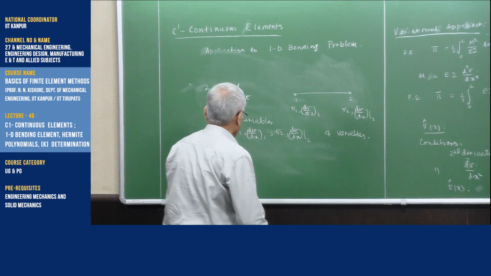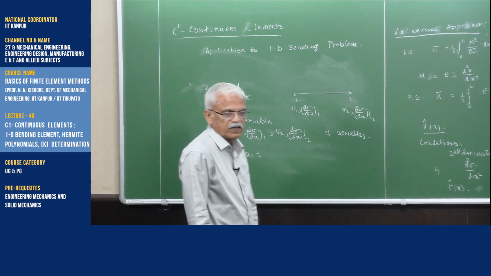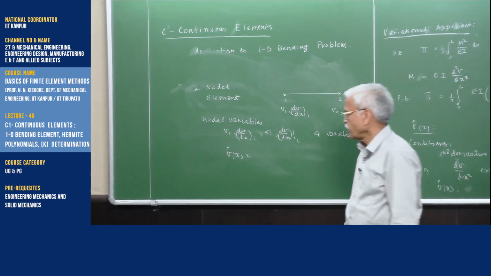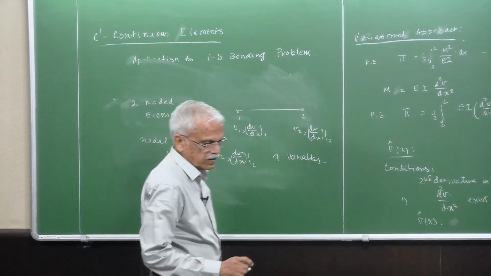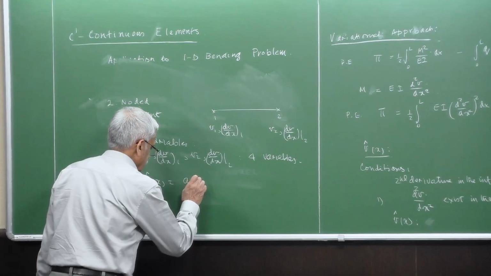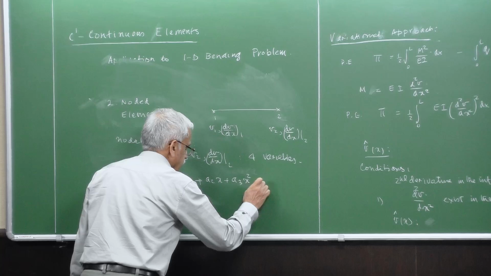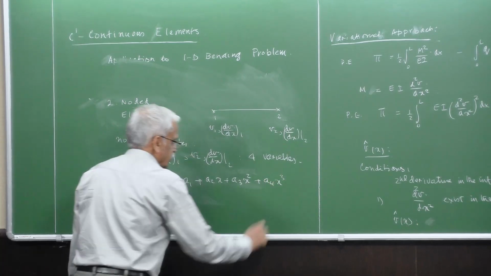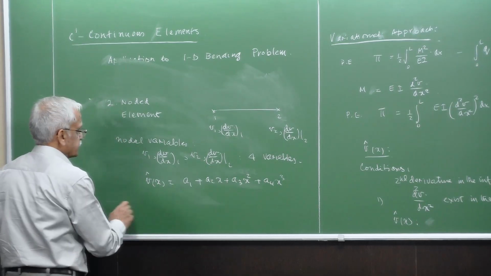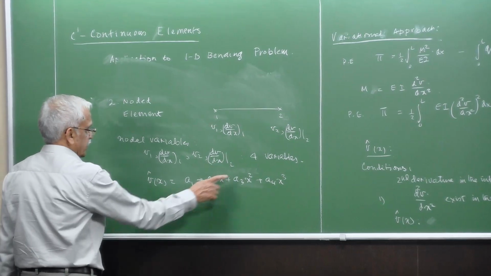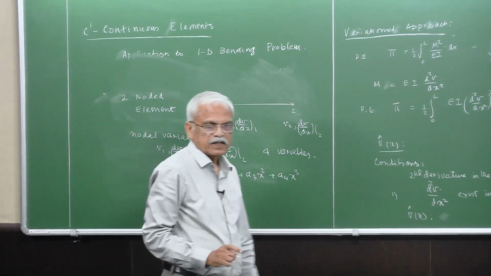So that means that the approximation v should have 4 coefficients in the polynomial. We always assume a polynomial representation, so we take it to be a1 plus a2x plus a3x square, and so on. So we have 4 coefficients, which we would like to convert to the nodal variables.